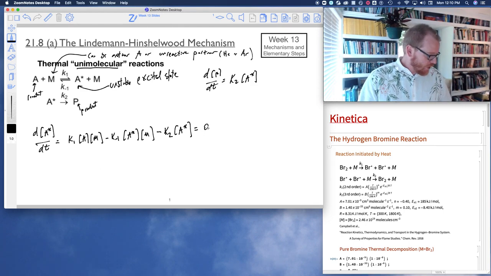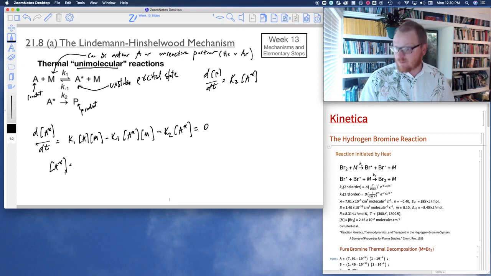Now, doing some algebra and solving for the A star concentration, we come up with the following. Thus we get that the concentration of A star under the steady state approximation, which seems reasonable given that forming the excited state is probably slow, and once the excited state forms, it will go on to products quickly.